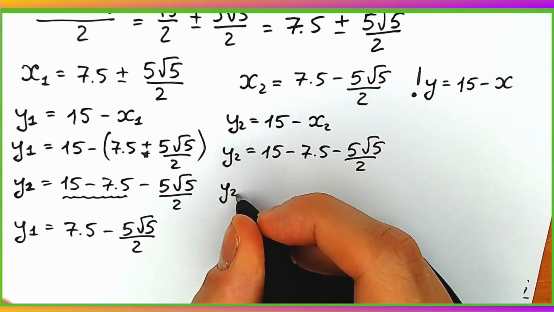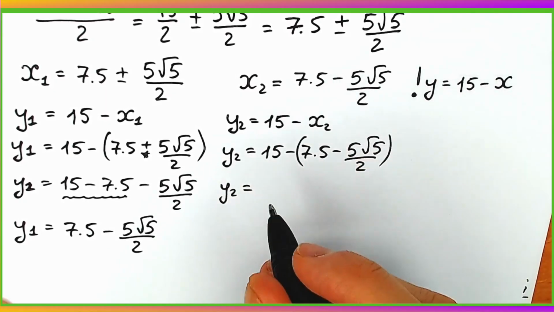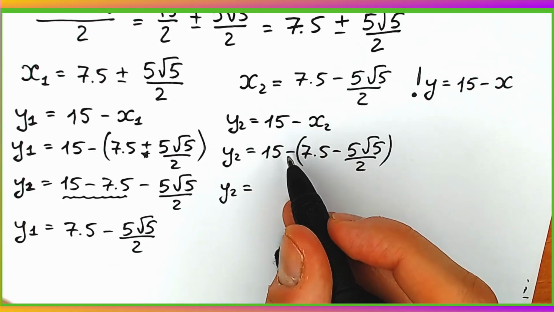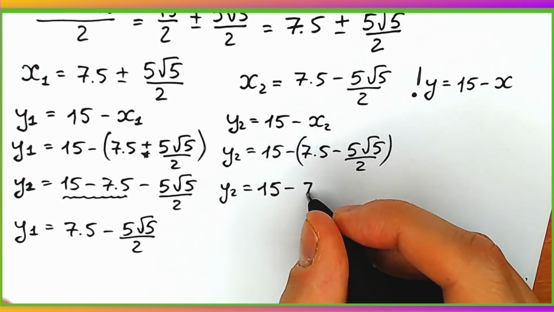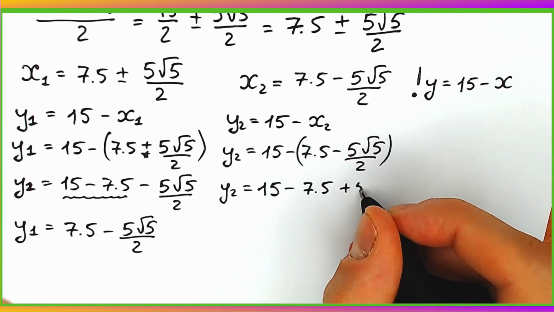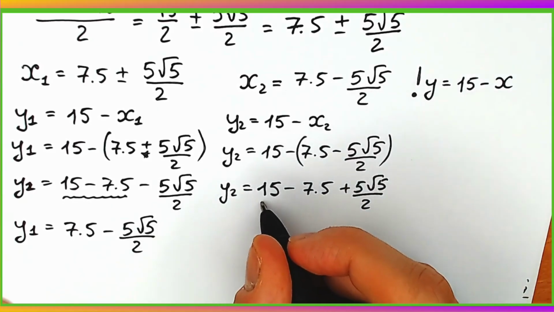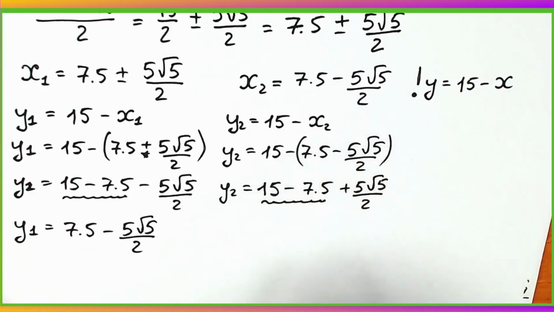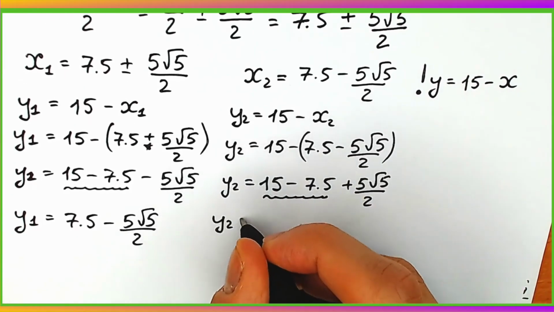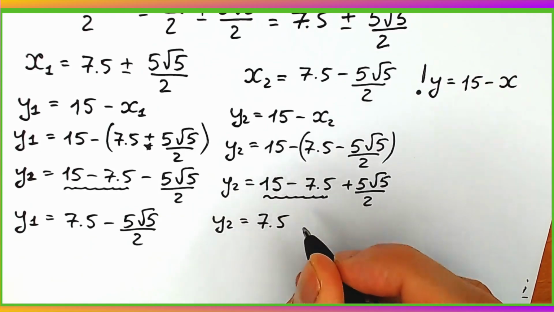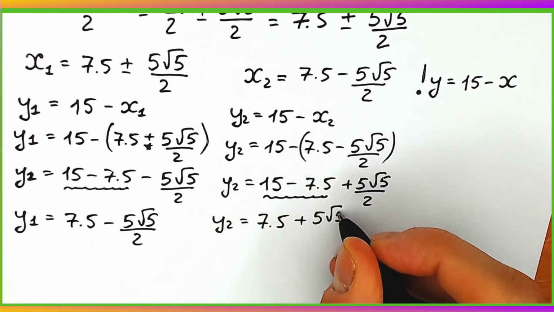So y second equal to, of course, right here with the parentheses, and right now when we multiply this negative sign by this parenthesis, we have 15 minus 7.5 plus 5 square root of 5 over 2. And right now we have absolutely the same thing. It's much easier for us to subtract in a decimal way. It's much faster for us, so we have 7.5 plus 5 square root of 5 over 2.